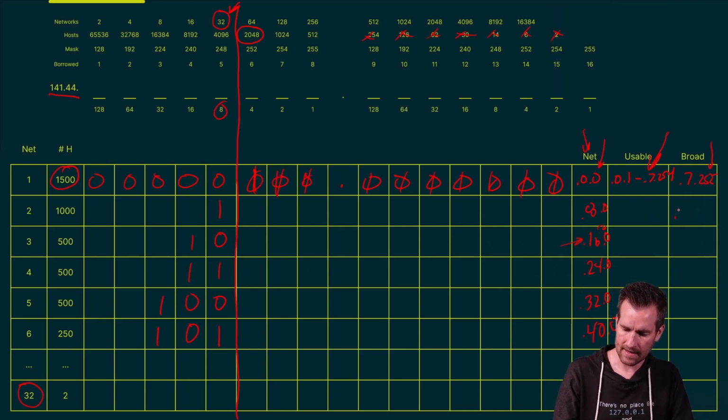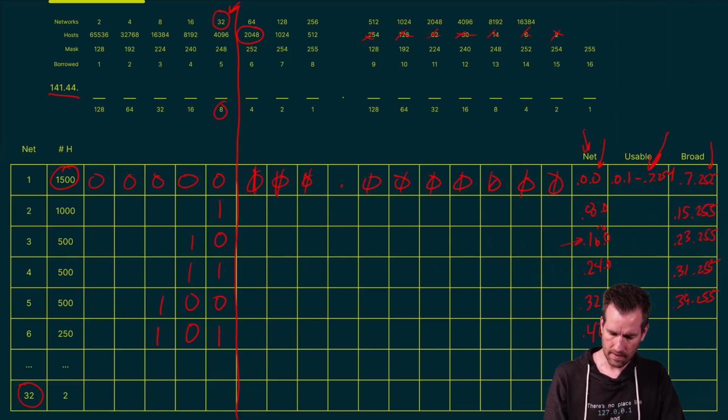So that brings that down to .15.255. And this would be .23.255. This one would be .31.255. And this one would be .39.255. And then our next one would be .48.0.